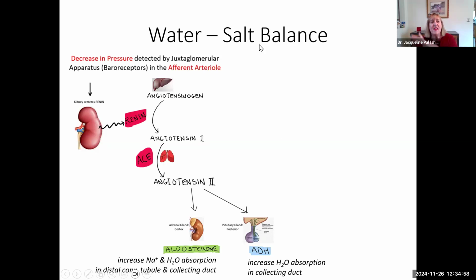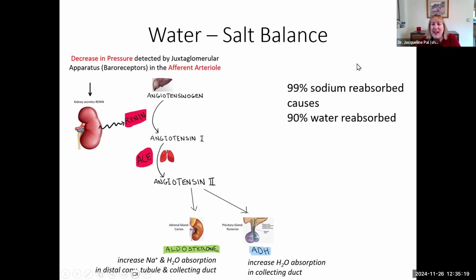So the net thing is, as a result of a decrease in pressure, detected by the juxtaglomerular apparatus from the afferent arteriole and the distal convoluted tubule, 99% of the sodium that was in the filtrate ends up being reabsorbed, causing 90% of the water in the filtrate to be reabsorbed, sent back into the bloodstream.